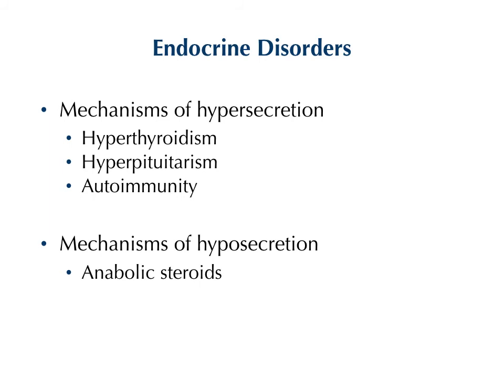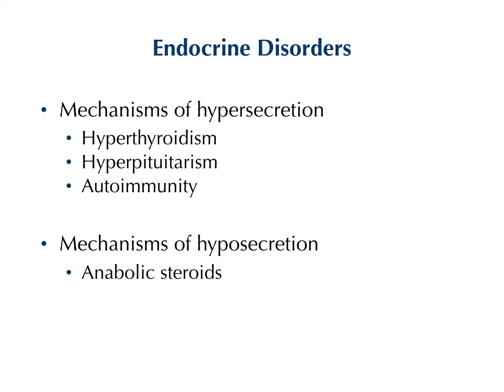Okay, so mechanisms of hypersecretion, we'll discuss hyperthyroidism when we discuss the thyroid gland in the next chapter. We can have hyperpituitarism, so something involving the whole pituitary. You can have autoimmune disorders that result from hypersecretion.